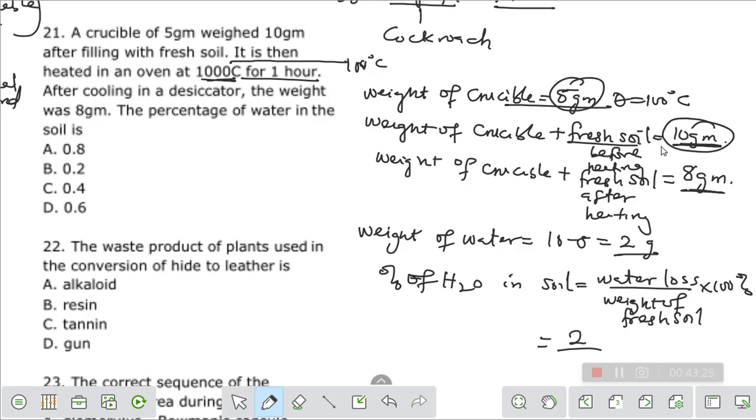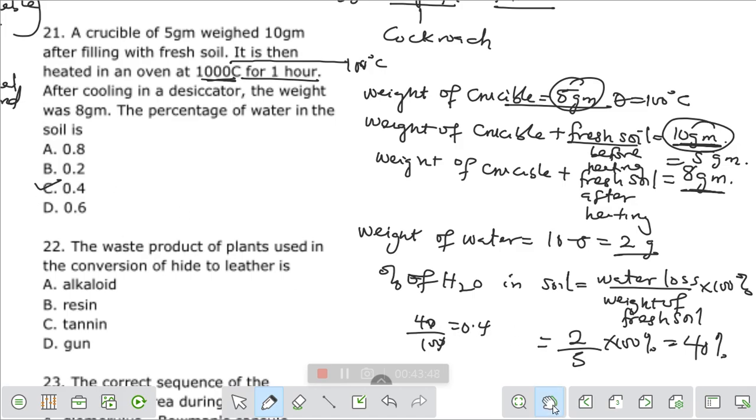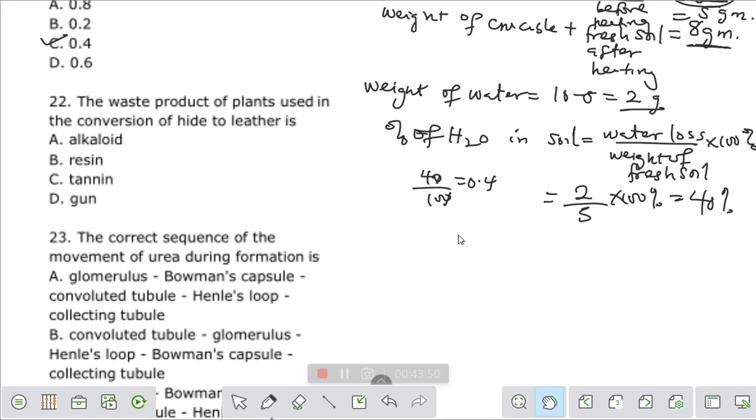So now, the waste product of plants used in the conversion of hides to leather is what? Is it the alkaloid? No, I told you some waste products of plants: we have alkaloids, we have resin, we have tannin, we have gum.